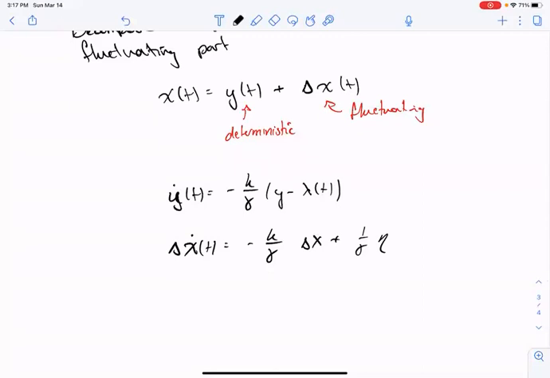Indeed, if you sum the two, you recover the full equation for x. But now we've decomposed it into a fluctuating piece, delta x, that depends on eta, and a deterministic piece that depends just on the protocol lambda of t.